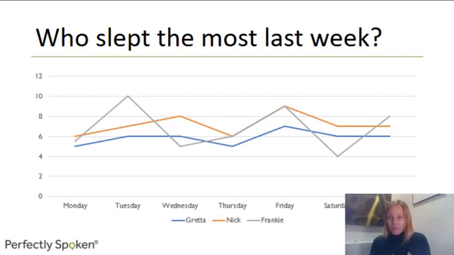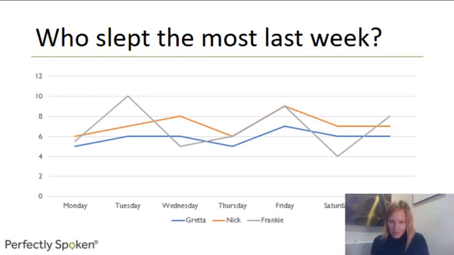Now, if you look at Frankie first, Frankie goes up and down, up and down, up and down. Frankie is 18 as well. So he's like his friend John. Sometimes he sleeps a lot and sometimes he doesn't sleep.